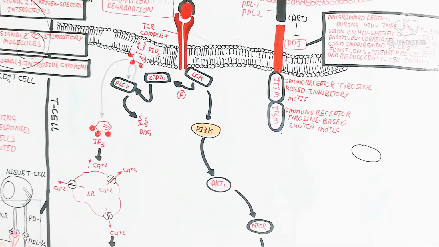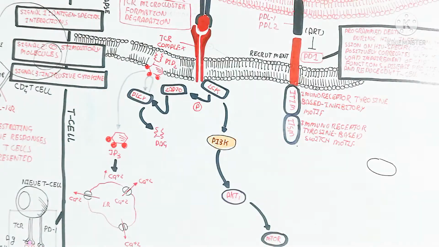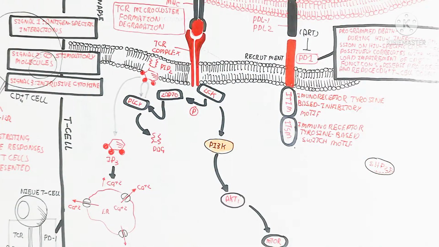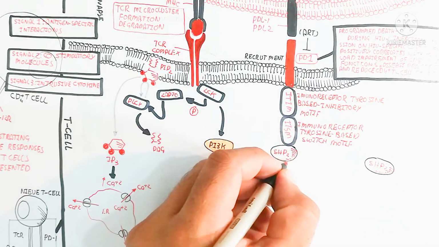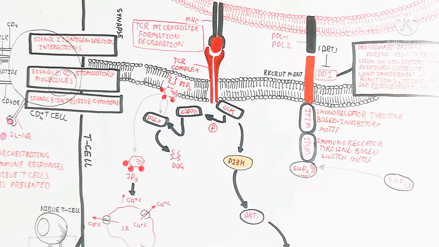So PD-1 can be inhibited by antiretroviral therapy. Here SHP2 is recruited and binds with the immunoreceptor tyrosine based switch motif, and in this way SHP2 will be activated.